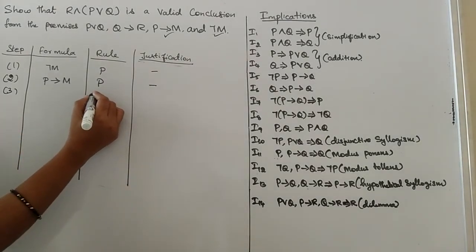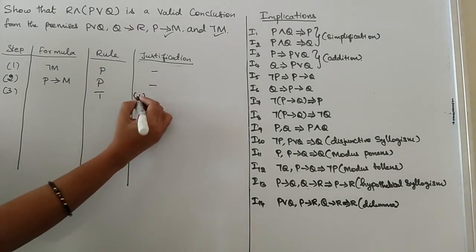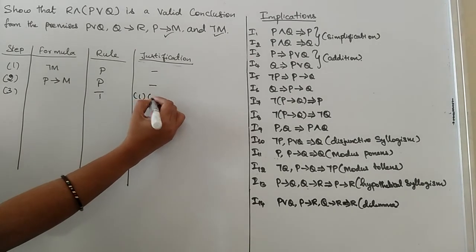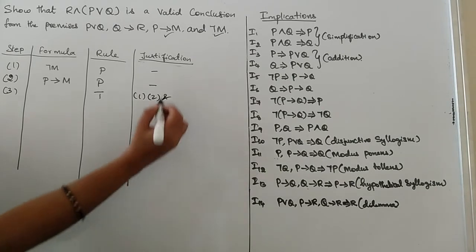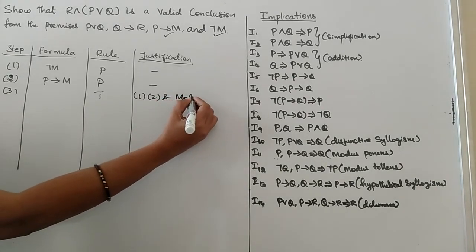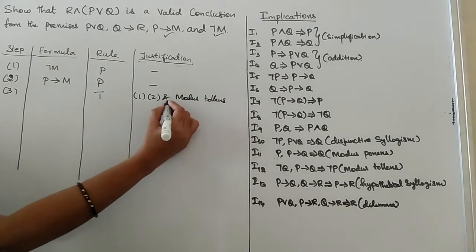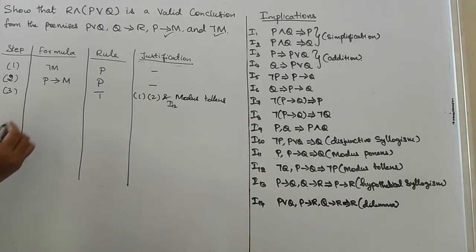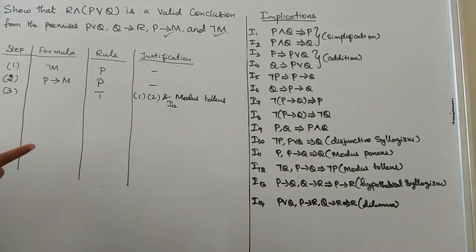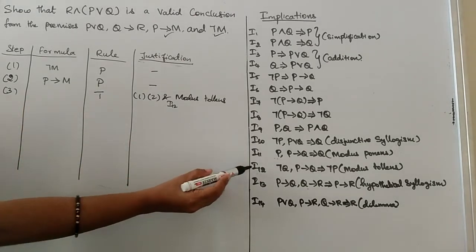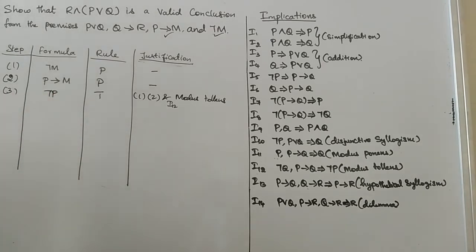That's why I mention rule T, and for justification the steps I am using are 1 and 2, making use of modus tollens, that is I12. So as per this I12, I write negate P.